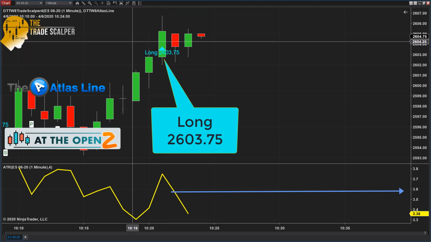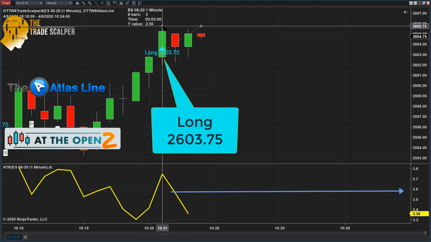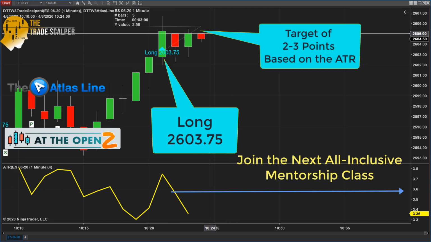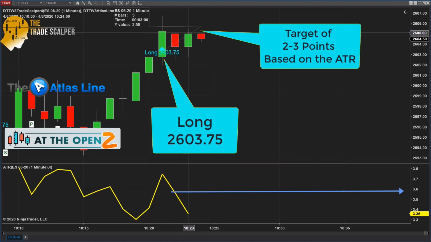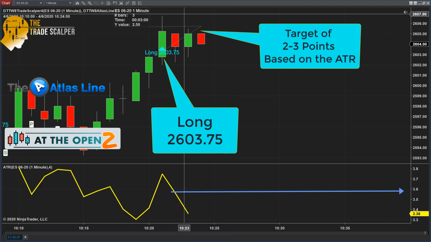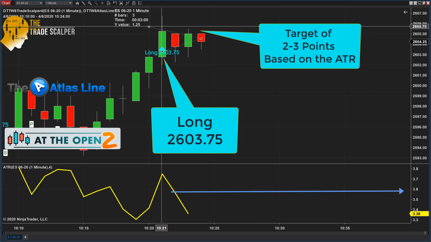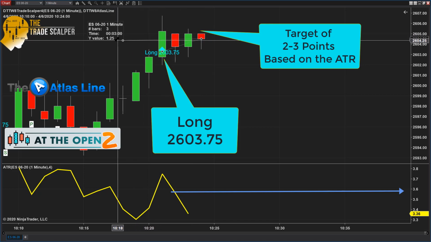So 2603. What do you say? 2 points? 2.5 points? 1 point? 2604.50? Okay. 2604.50, target. So if your target is 2604.50, which is right over here, 1.25, then you should have already gotten that.